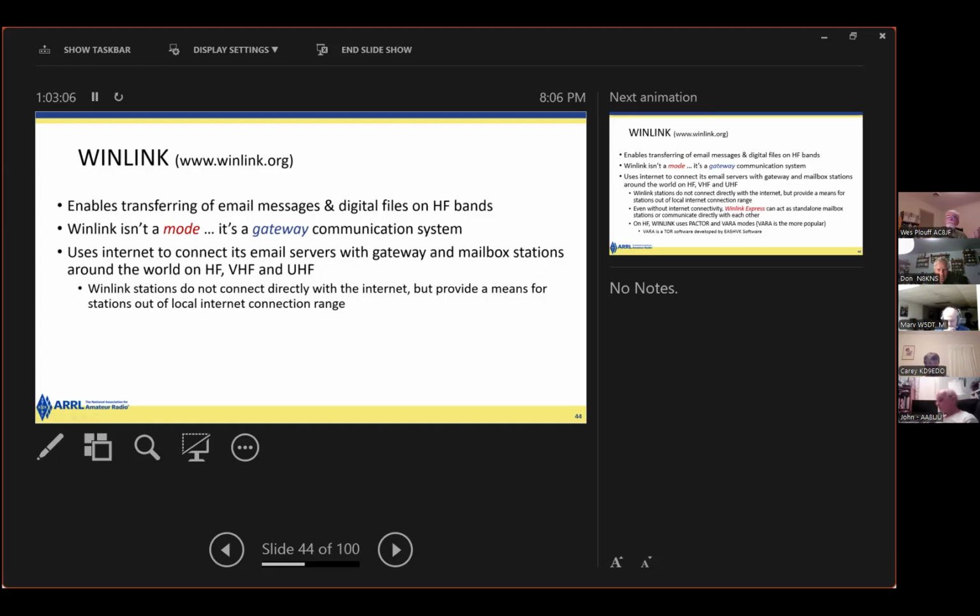WinLink stations don't connect directly with the internet, but rather messages are forwarded through gateway stations between the internet and WinLink stations that are active on RF. And so the idea of having a mailbox where your messages sit for a little while before somebody picks them up is a good one here.